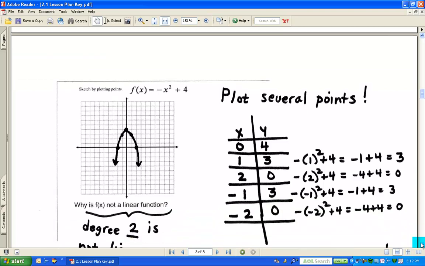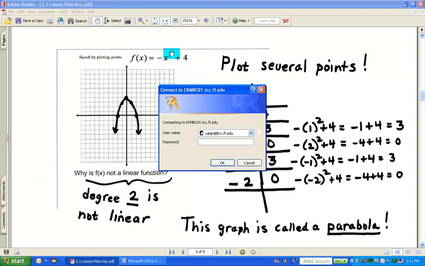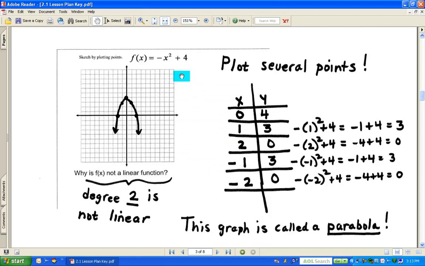Now, the next function you're given here, the function f of x is equal to the opposite of x squared plus 4. The minute I see that we have a function of degree 2, I know that my graph is going to be a parabola.